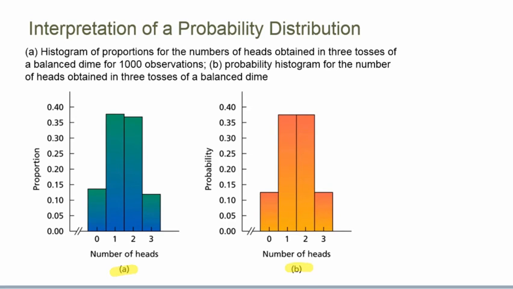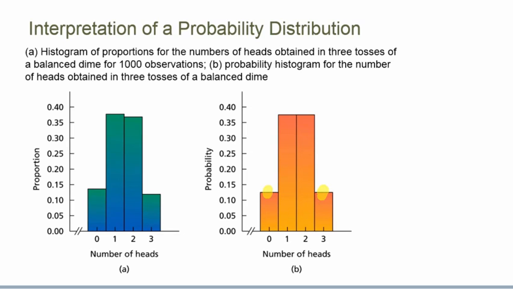So 0 in both graphs represents 3 tails, 1 represents 1 head and 2 tails, 2 represents 2 heads and 1 tail, and 3 represents 3 heads. Now theoretically, 0 and 3 should be equal.